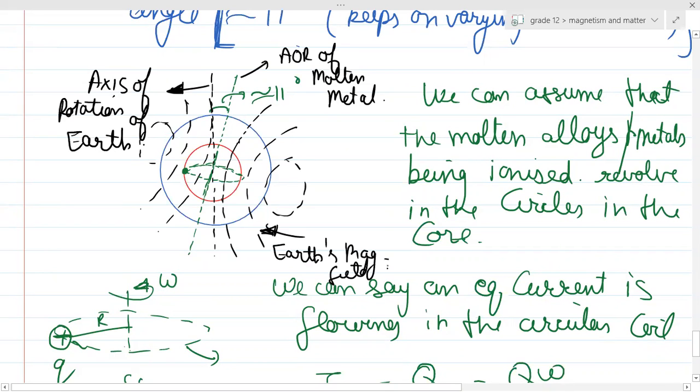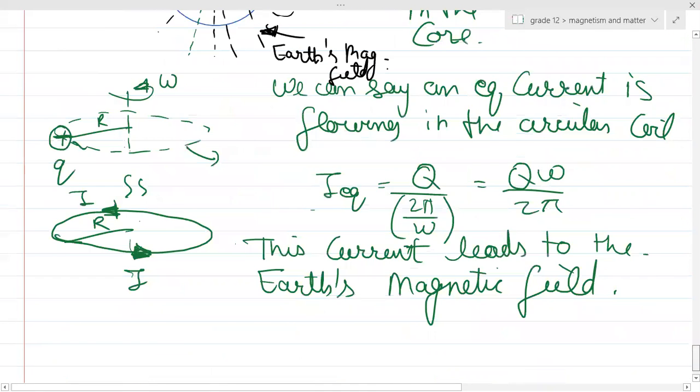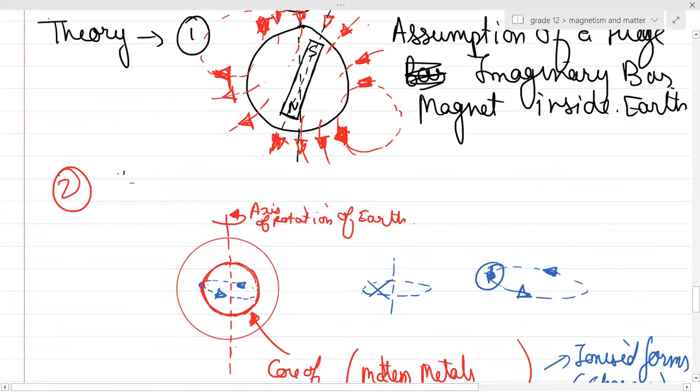So this theory made much more sense to me, and you will write this theory. This is the cause of Earth's magnetic field. And what is the main reason? It is due to the motion of molten heavy metal alloys in the inner core of Earth.